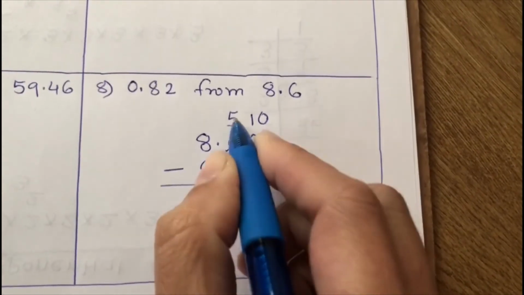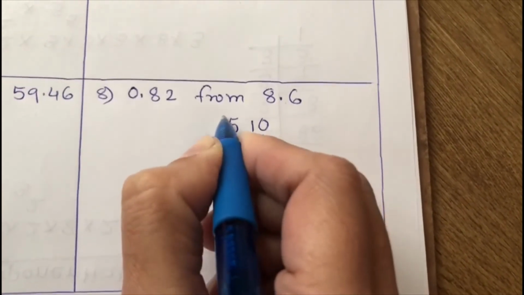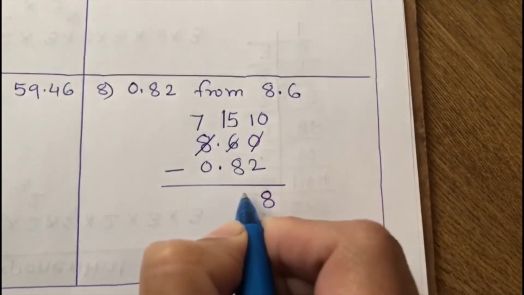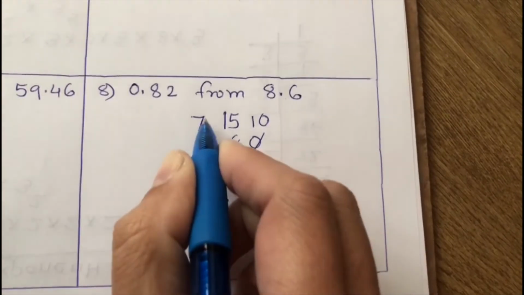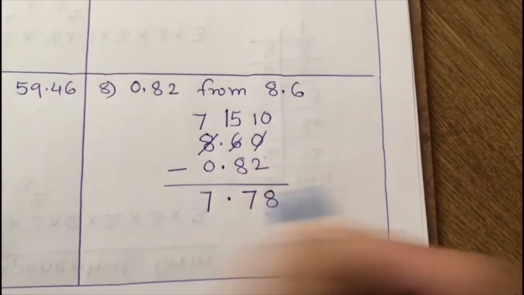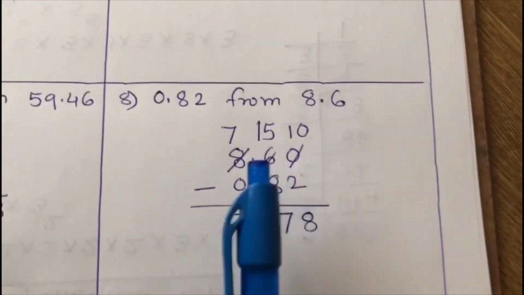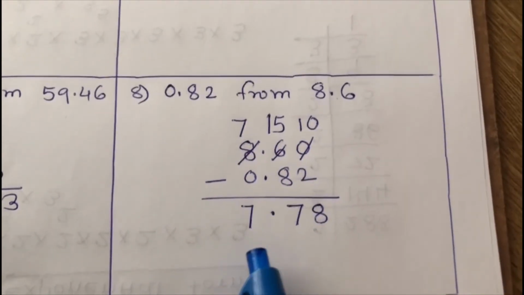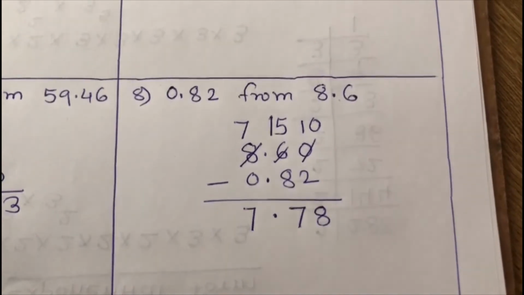We can't subtract 8 from 5, so I carry 1 from 8 and I write here 7. So 15 minus 8 is 7. 7 minus 0 is 7. So when we subtract 0.82 from 8.6, we get the value 7.78.